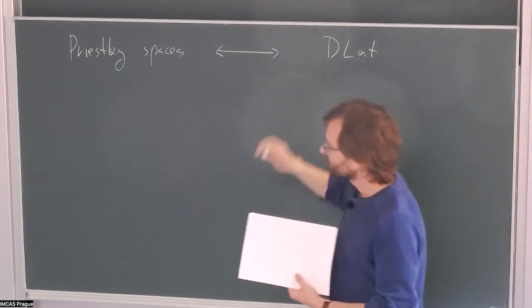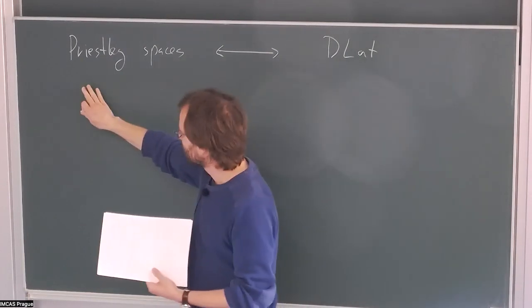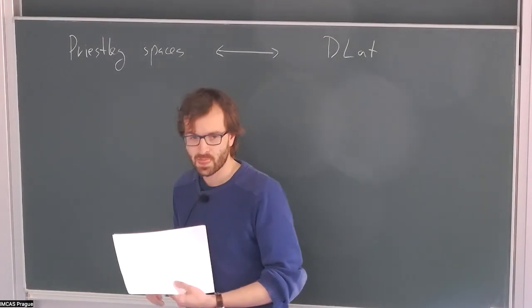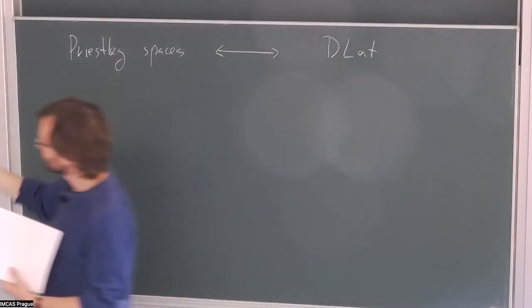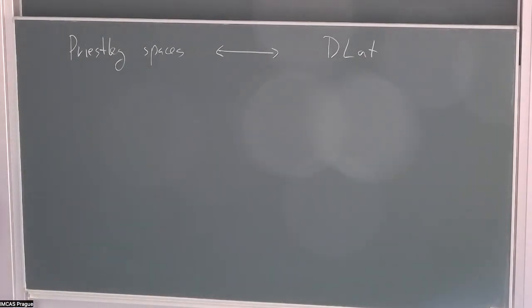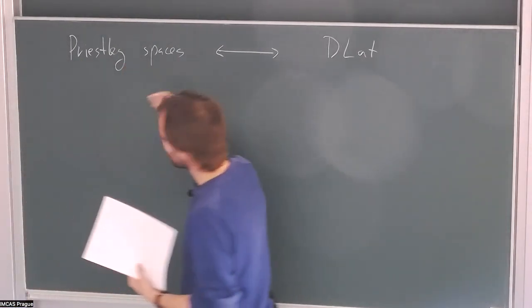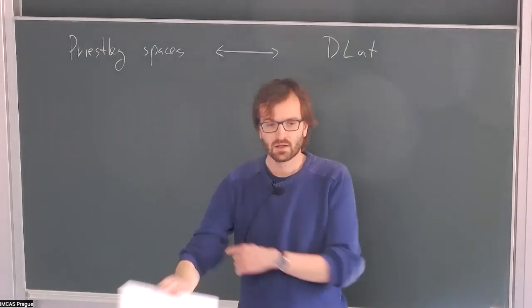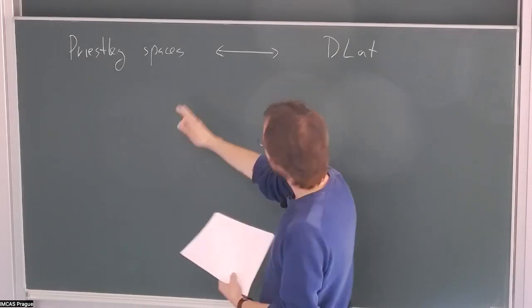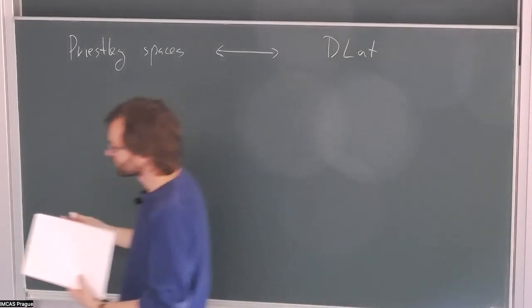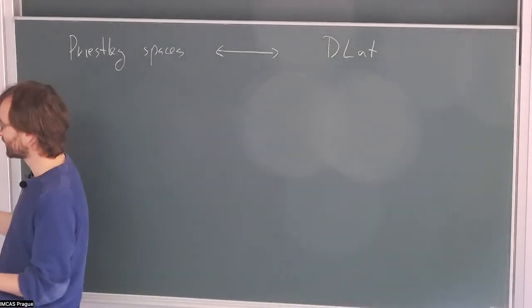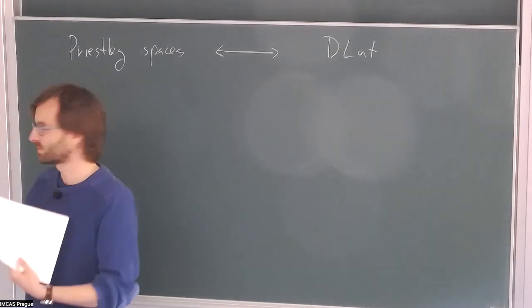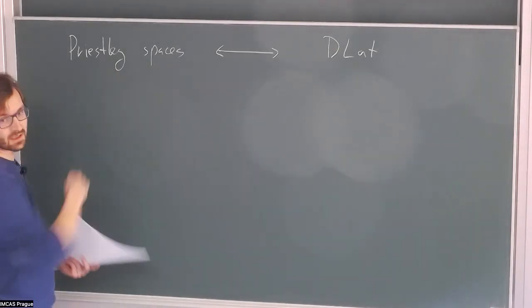And it works similarly. You build it on prime filters, and you have to add an order. So these are Stone spaces with an order that separates points. I don't want to go too much into the details. And backwards, clopens wouldn't be enough, so you would take clopen upsets because these are ordered spaces now.